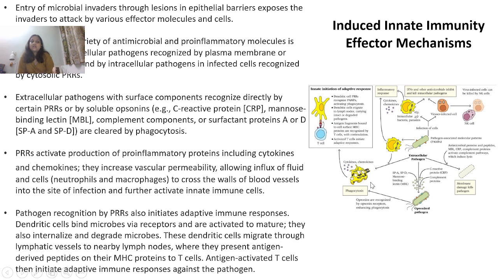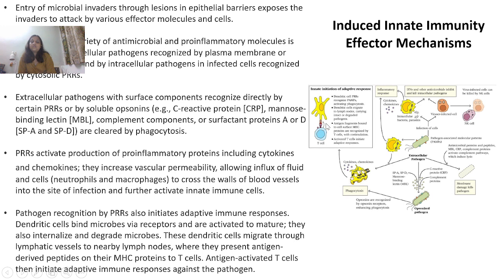There is different expression of different types of antimicrobial, pro-inflammatory molecules, which is induced by extracellular pathogens recognized by either endosomal or plasma membrane PRRs, and also by intracellular pathogens, which are recognized by cytosolic PRRs.